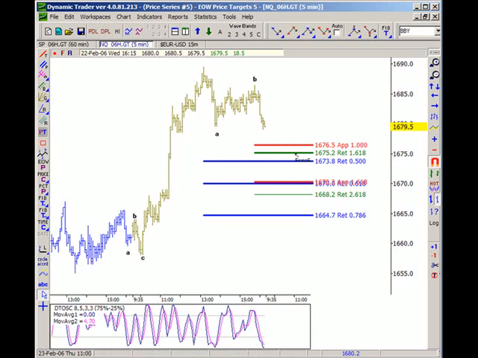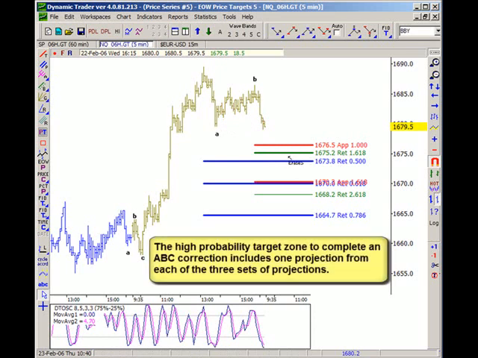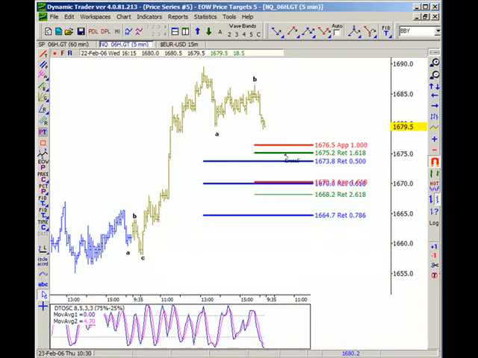So here's our zone for the high probability target for a wave C correction, in a simple ABC 3 swing correction. And if it were to take out this zone, the maximum area should be right around here, the 62%, which includes the 162% alternate price projection of A projected from B and the 262% external retracement of B. Those are usually the extremes if we're making an ABC correction, and they surround the 62% retracement.